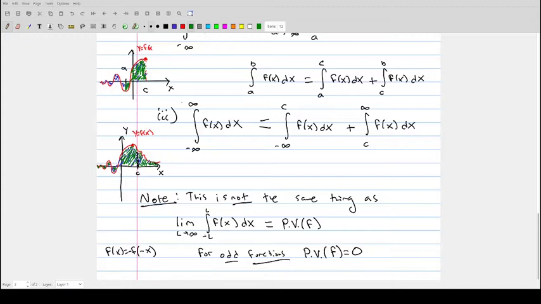So let's go through and do some example problems. We'll start with the function 1 over x.